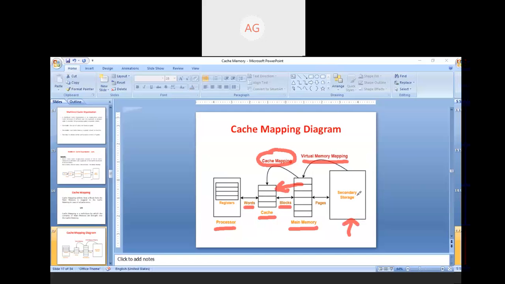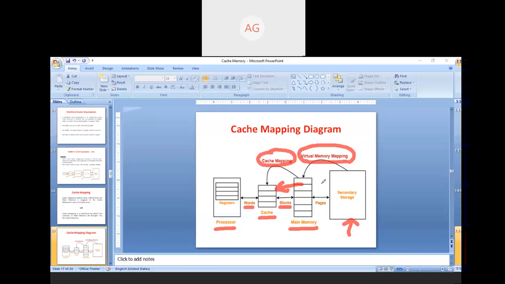Then we need to find that word in the secondary memory and move it from the secondary memory to the main memory. That type of mapping is known as virtual memory mapping. This concept we are going to discuss after we finish the cache memory. The topic is virtual memory, which we are going to discuss after the cache memory topic.